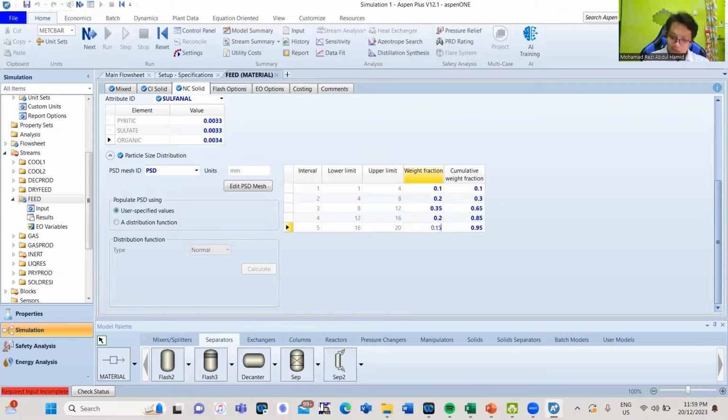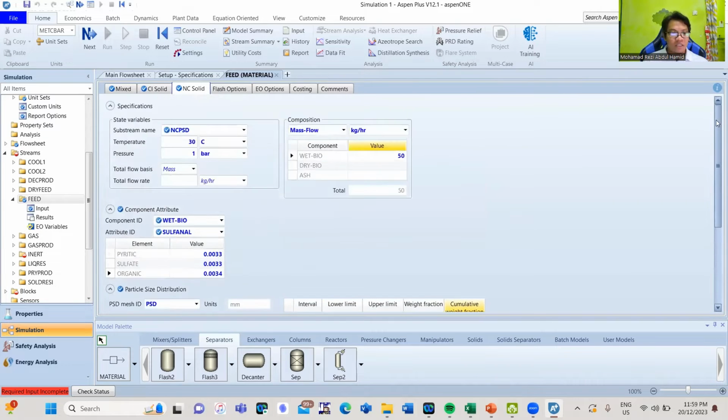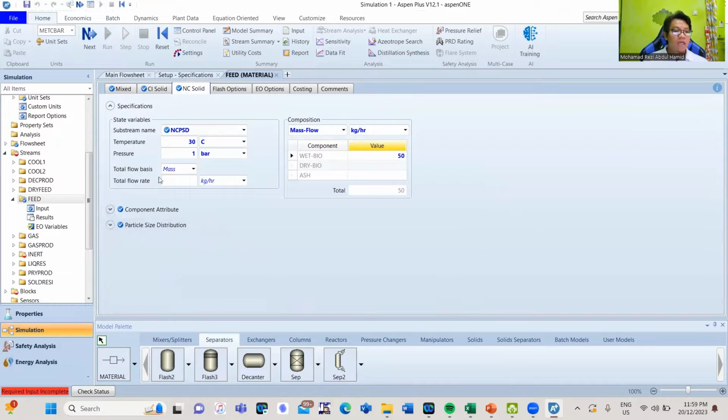So there's a correction in the data. The total should be 1, so here I just change it to 0.15. Correction: 0.05 in the slides, change it to 0.15. Now that you have defined the particle size distribution and your component attributes, you can close.